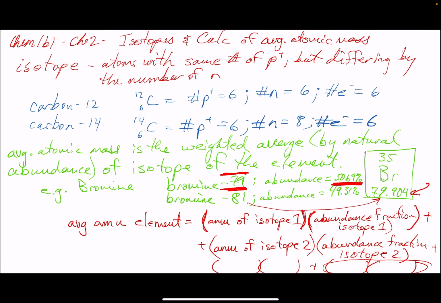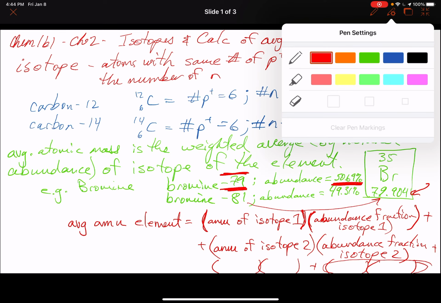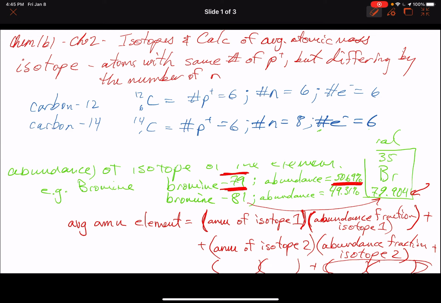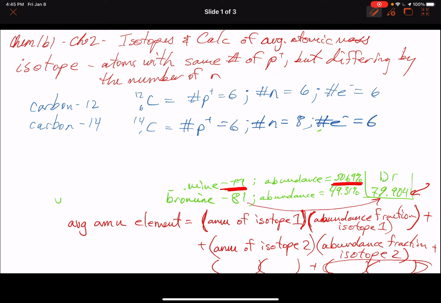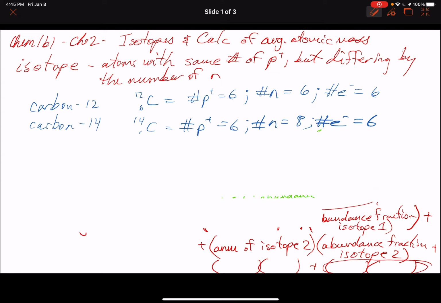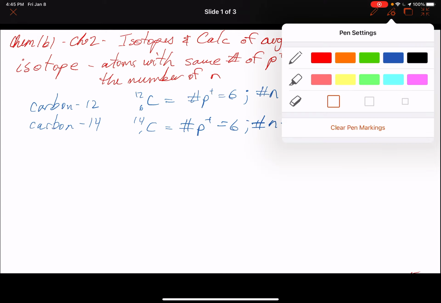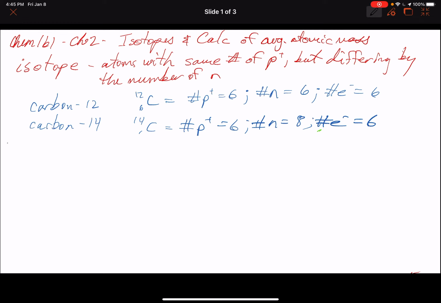Okay, so we'll just make some space for that here. Okay, so our example will be the following.